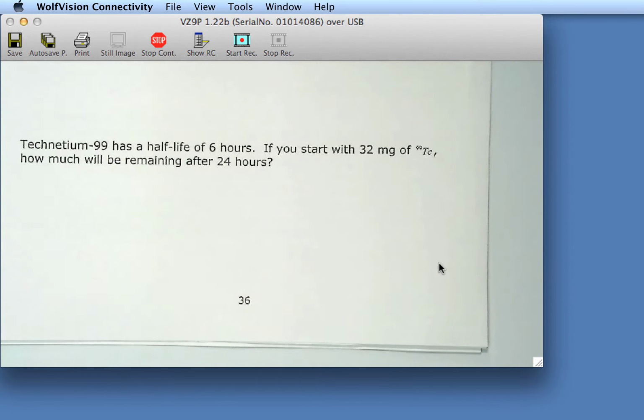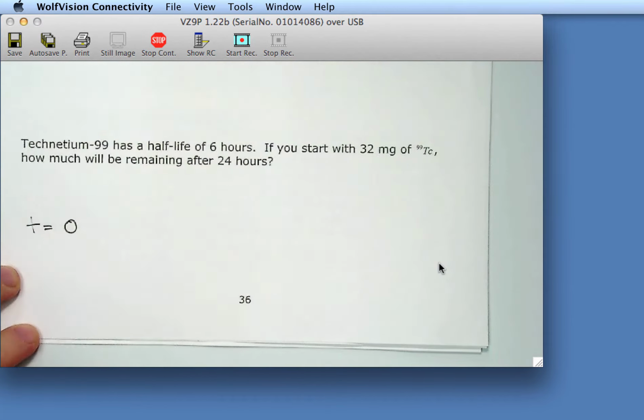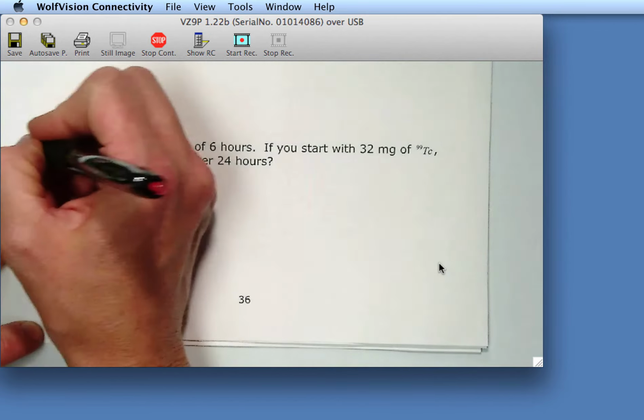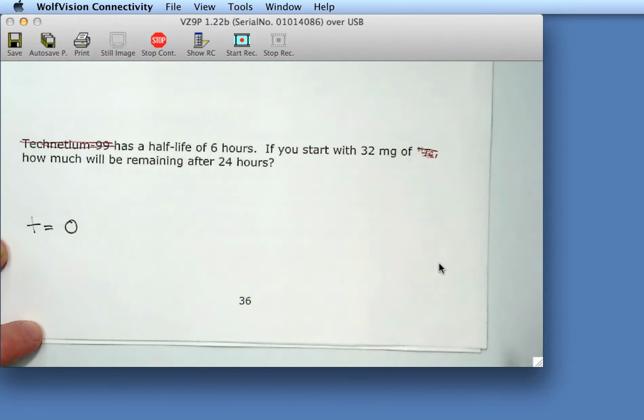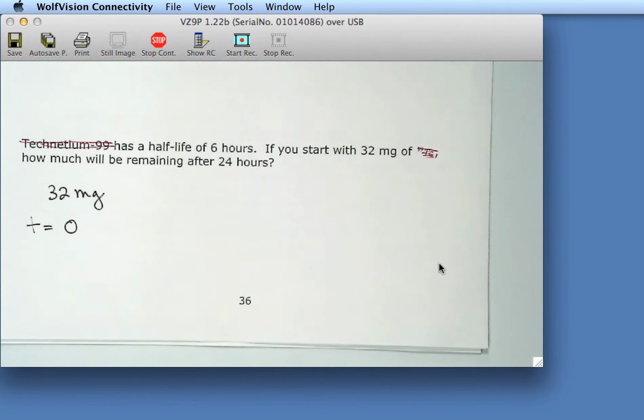So write your t equals 0. What number can I cross off? What has no bearing on this problem whatsoever? 99. Don't worry about it. So if you start off with 32 milligrams, there you go.